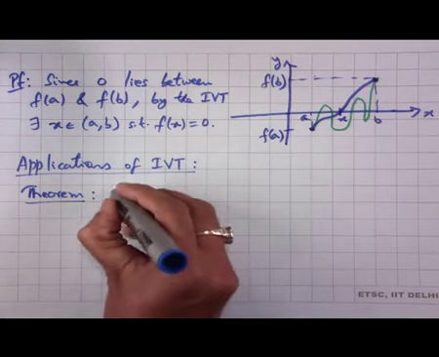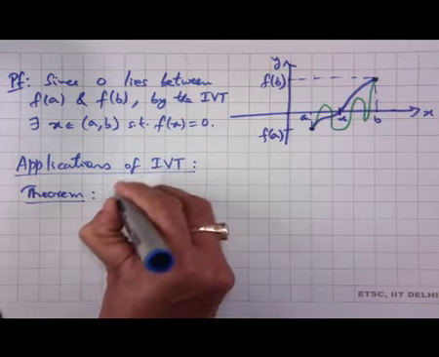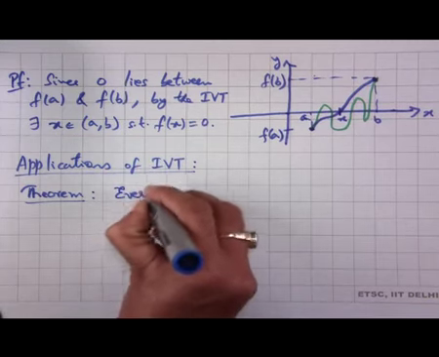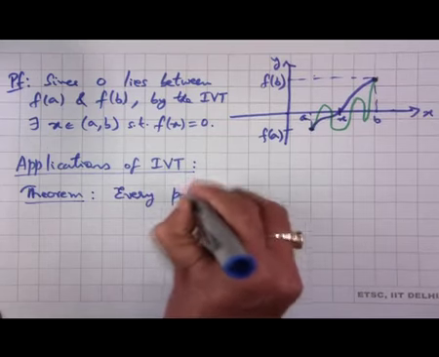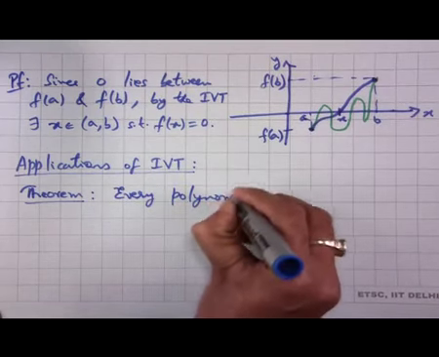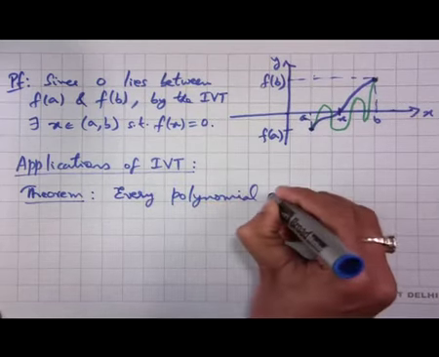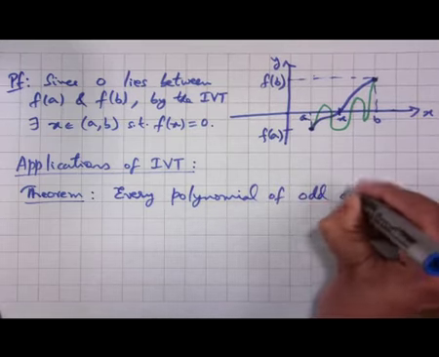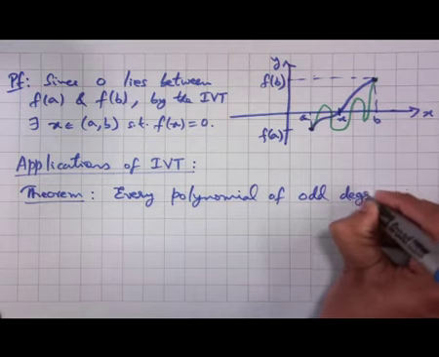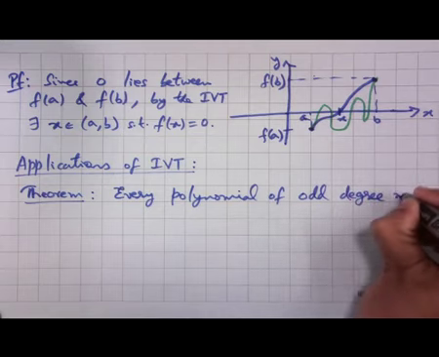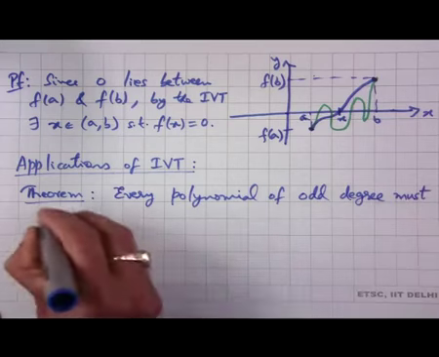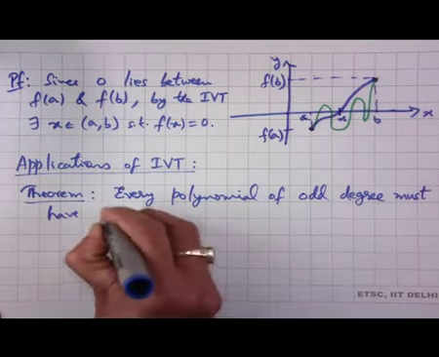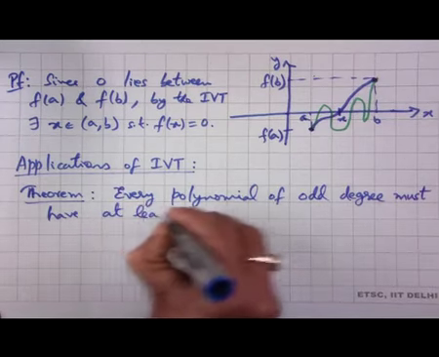So, this theorem says that every polynomial of odd degree must have at least one 0.